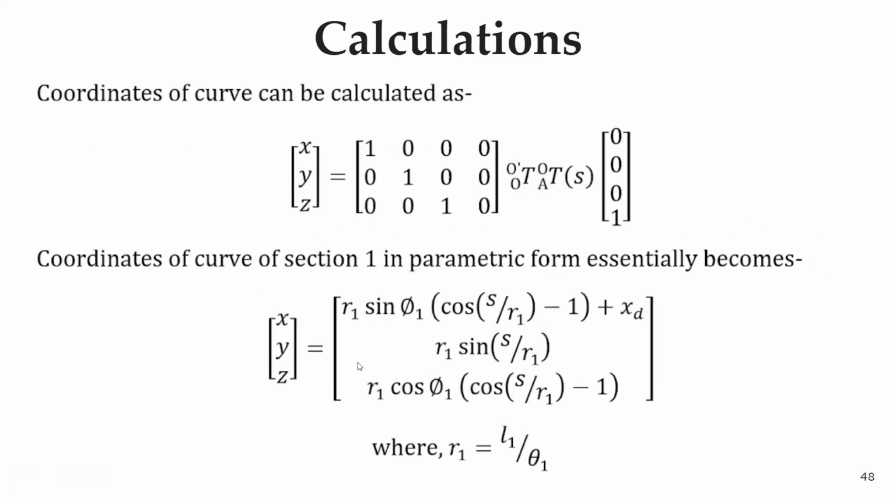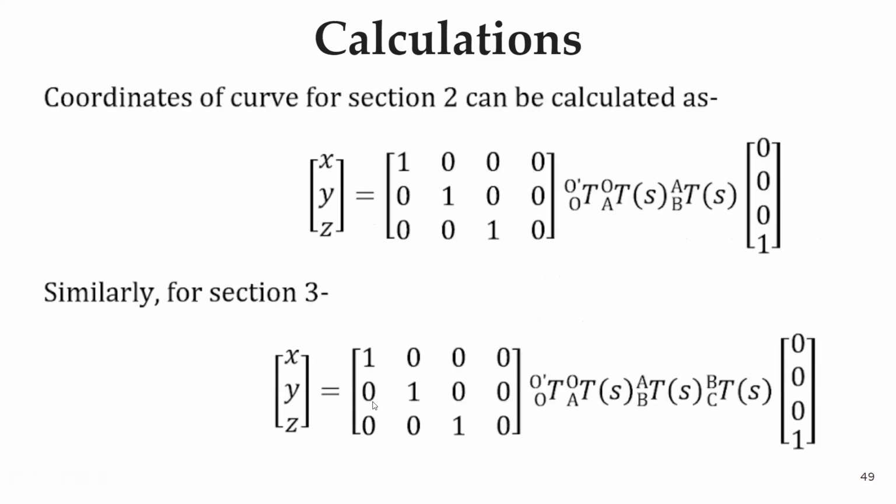Then the coordinates of the curve can be calculated as this. For the coordinates of the curve of section 1, we calculate this in terms of curve length S. This is all useful for simulation for forward kinematics for section 2 and similarly for section 3.